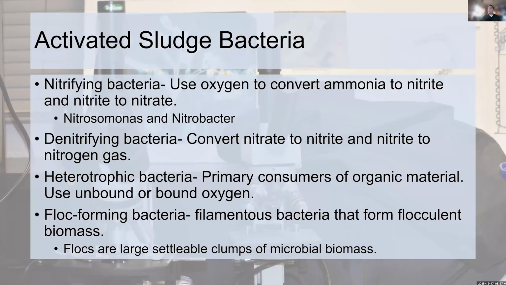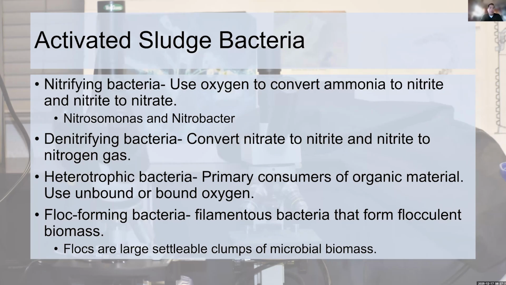Now, I'm not going to go too much into this again, but I just want to give you another slide as a reminder. So we have our activated sludge, the different types of bacteria. We have our nitrifying bacteria that use oxygen to remove ammonia. We have denitrifying bacteria, which are facultative anaerobes that remove nitrates in the absence of oxygen.